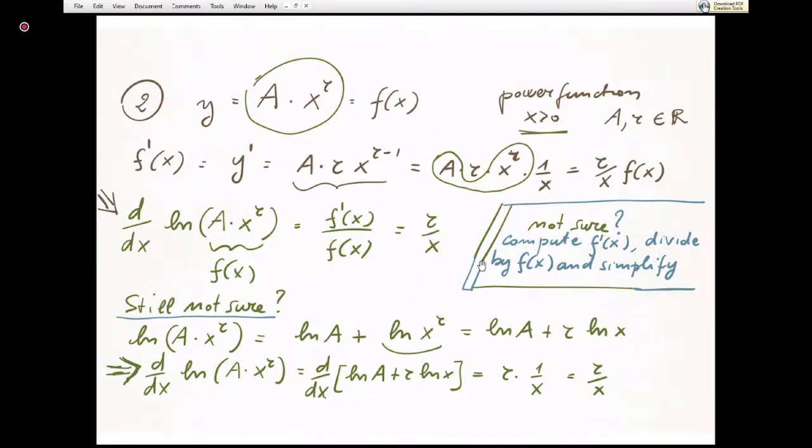There are many cases in which we have multiplicative structures. For instance, this power function could be multiplied by an exponential function, okay, or by another function, which increases or reduces the value of the basic power function as a factor. In many applications, for instance, the exponential function could be related to discounting, okay?